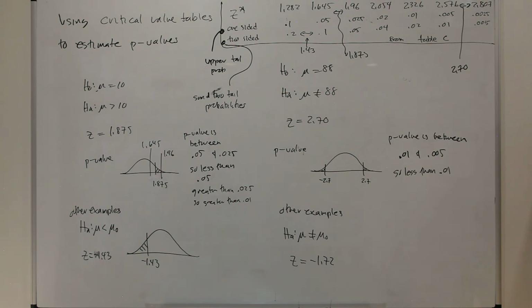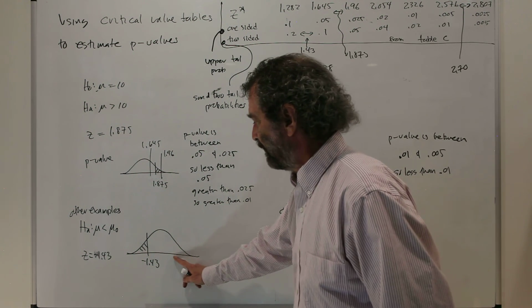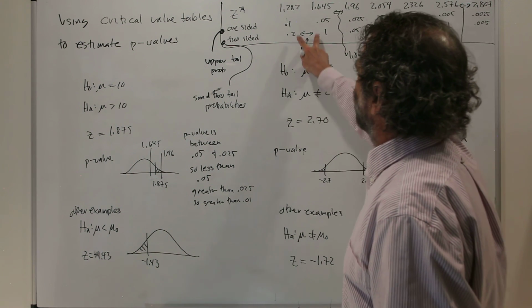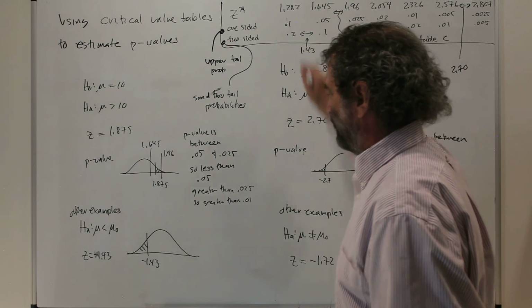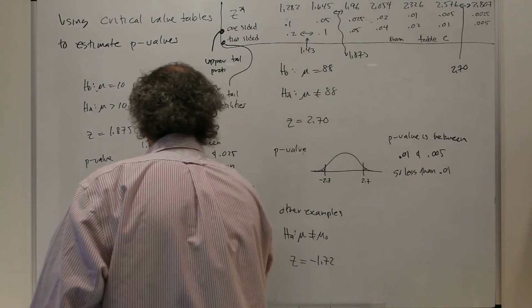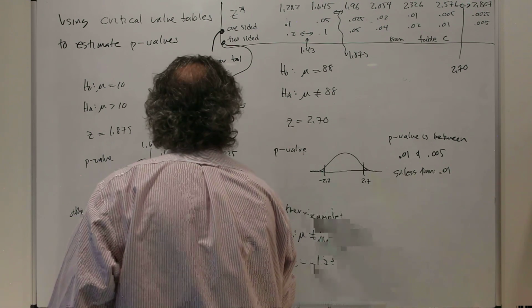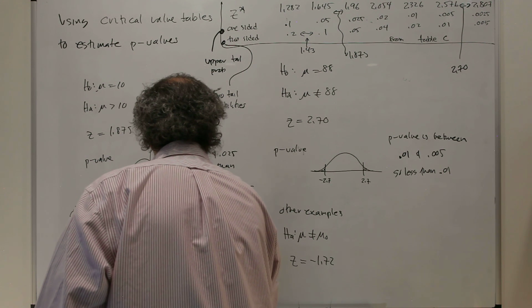It's a one-sided test, so one tail, the same as the one tail for 1.43 above. The p-value is between 0.1 and 0.05.